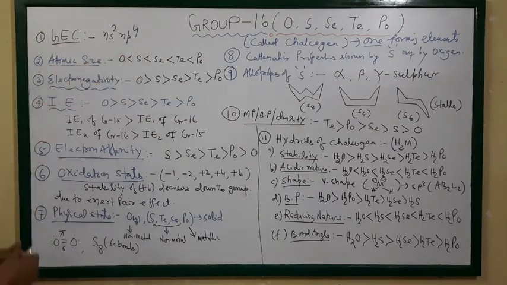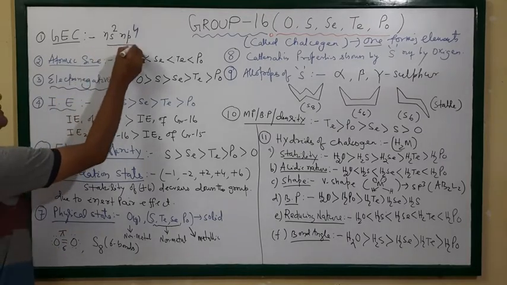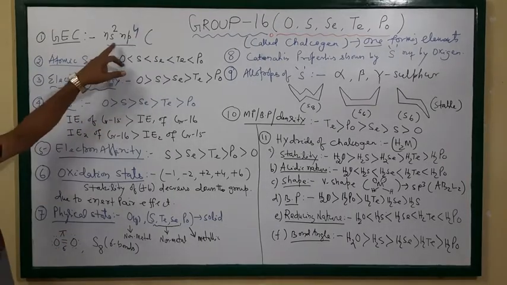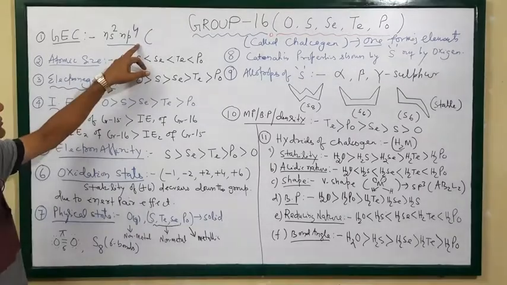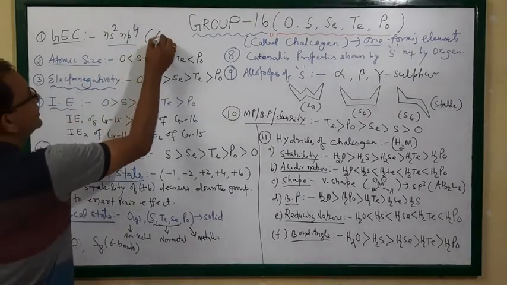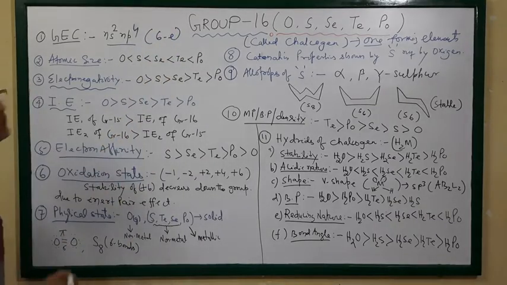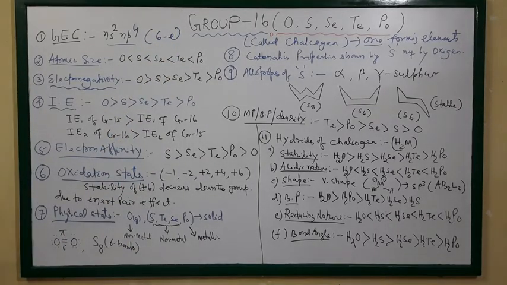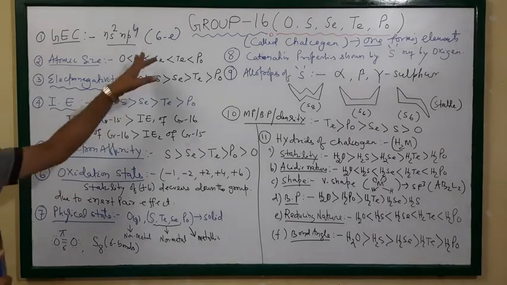That means how many electrons in the outermost shell? 6 electrons in their outermost shell. That's why these are called group 16 elements.